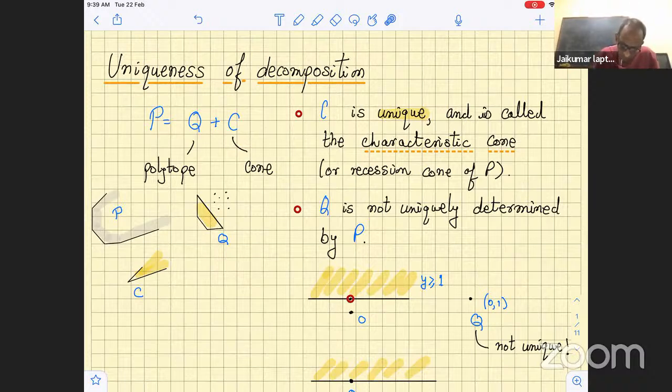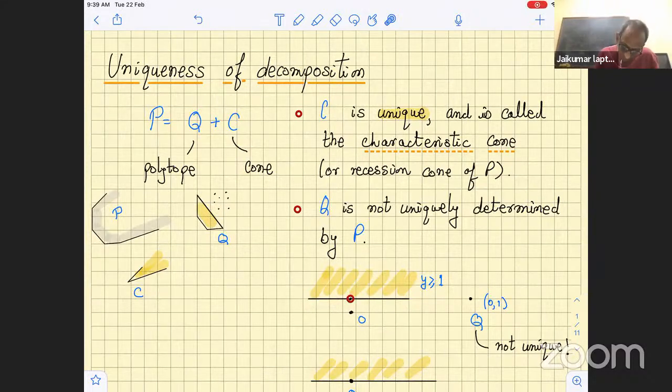And let me give you an example. So look at this polyhedron described just by one inequality. You remember we discussed it some time ago, and I had asked you to describe this polyhedron as a conic combination of rays, generated by a certain number of rays.